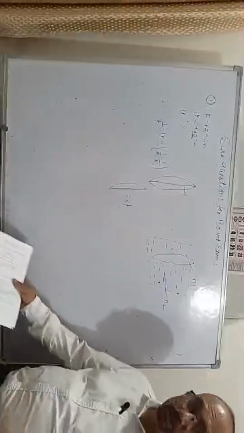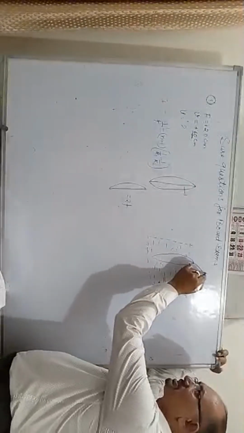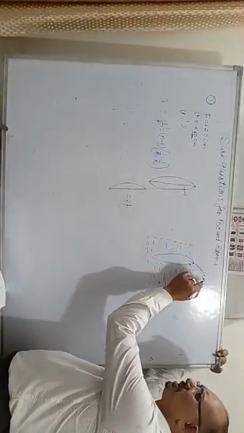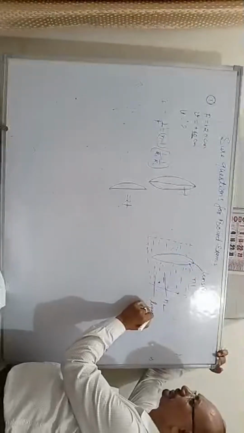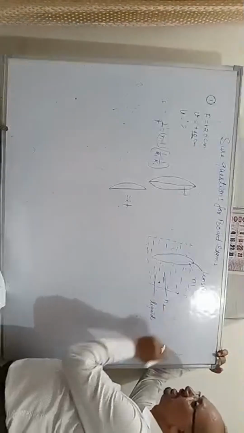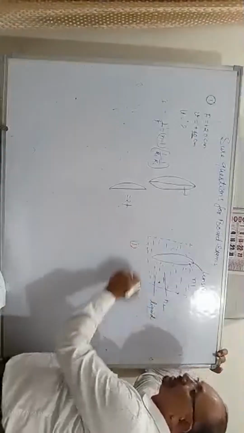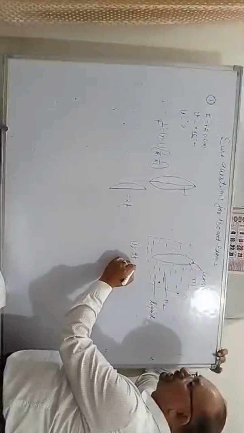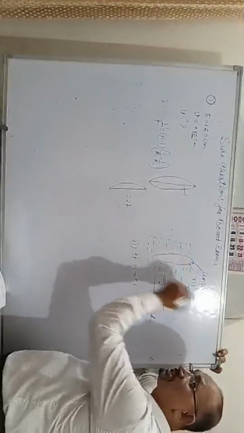There are two media: n1 is the refracting index of the lens glass, and n2 is the refracting index of the liquid. If n1 is equal to n2, what is the nature of this lens?